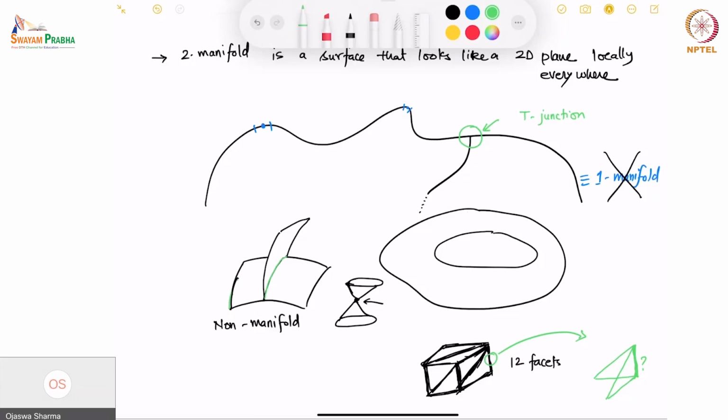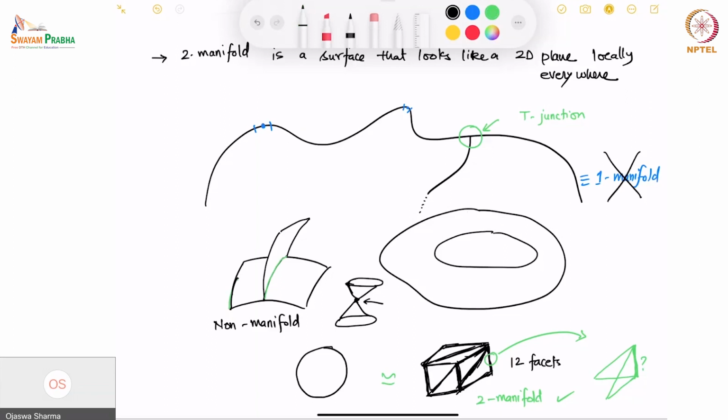Let me tell you. This is a very well valid two manifold. There is no doubt about it. Because when you talk about manifoldedness and non-manifoldedness, we are talking about the object in the topological sense, right? So this guy is equivalent to a sphere. So for once, you ignore the geometry and focus on the topology, the connectivity here, right?